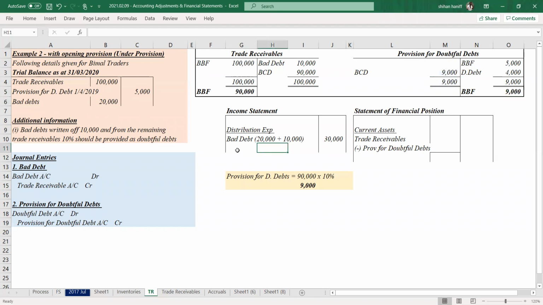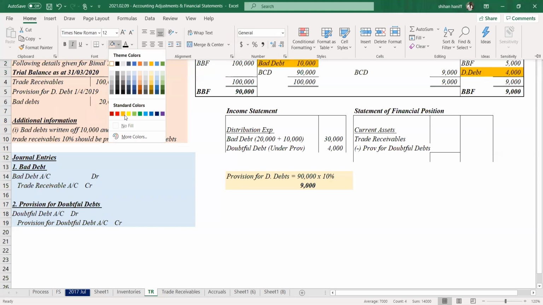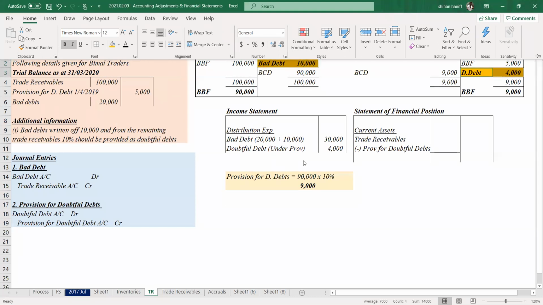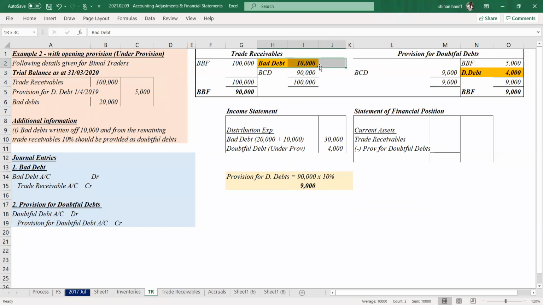And doubtful debt provision is 4,000. So these are the two expenses: 10,000 bad debt, 4,000 doubtful debt.